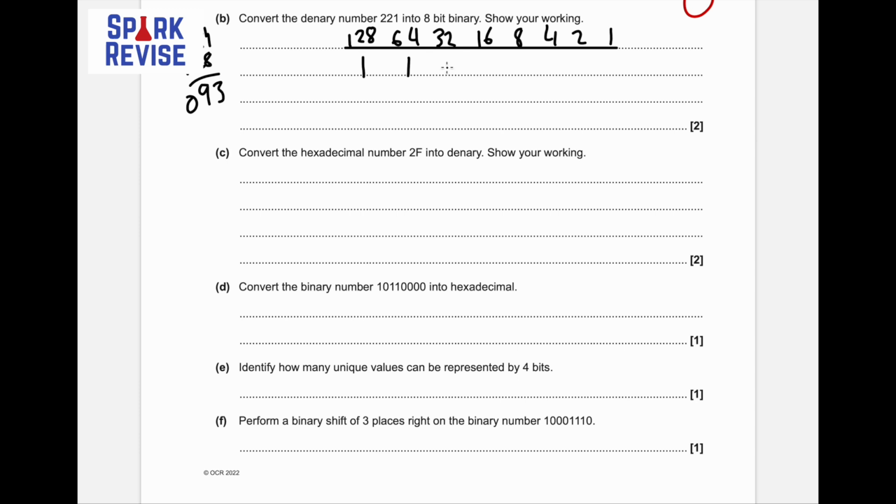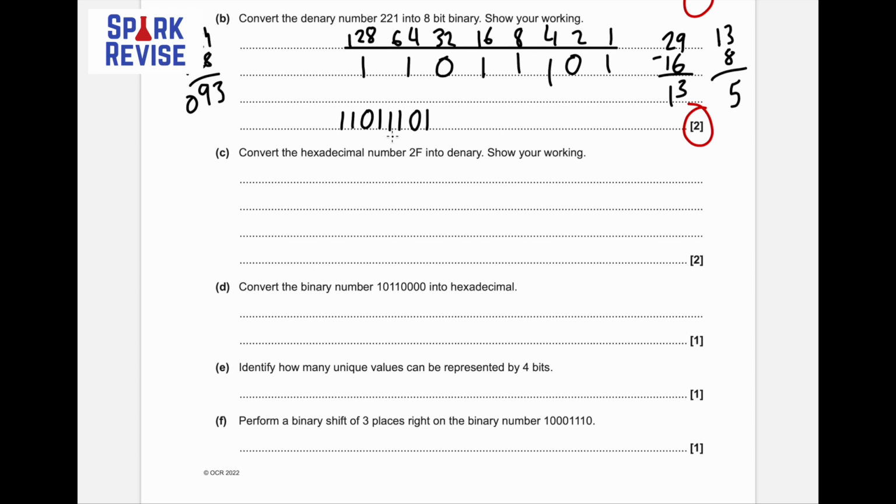That gives us 29 remaining. 32 does not go into 29, but 16 does. So we've got 29 minus 16, going to be 13. 8 goes into 13, put a 1. 13 minus 8 is 5, 4 goes into that, 1, then 2 doesn't, 0. And we've got 1 left, 1. So your answer is 1, 1, 0, 1, 1, 1, 0, 1. Perfect. That will give you full 2 marks.